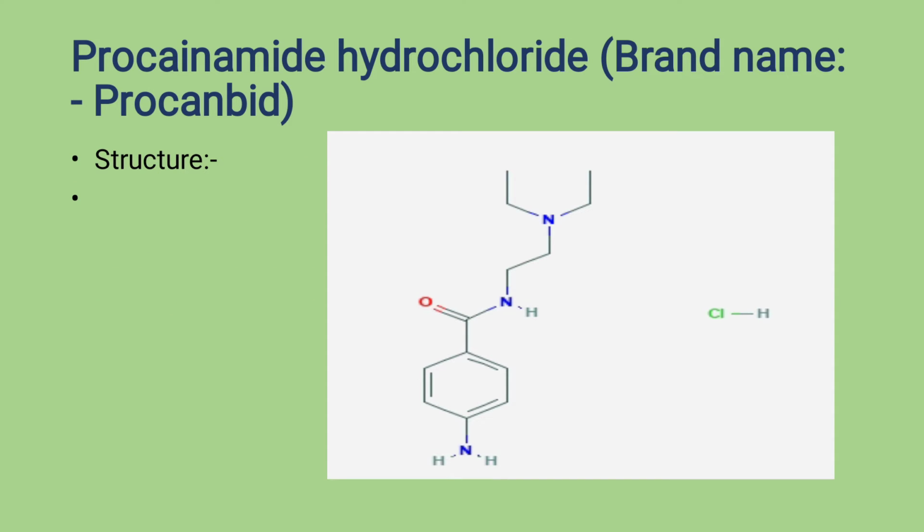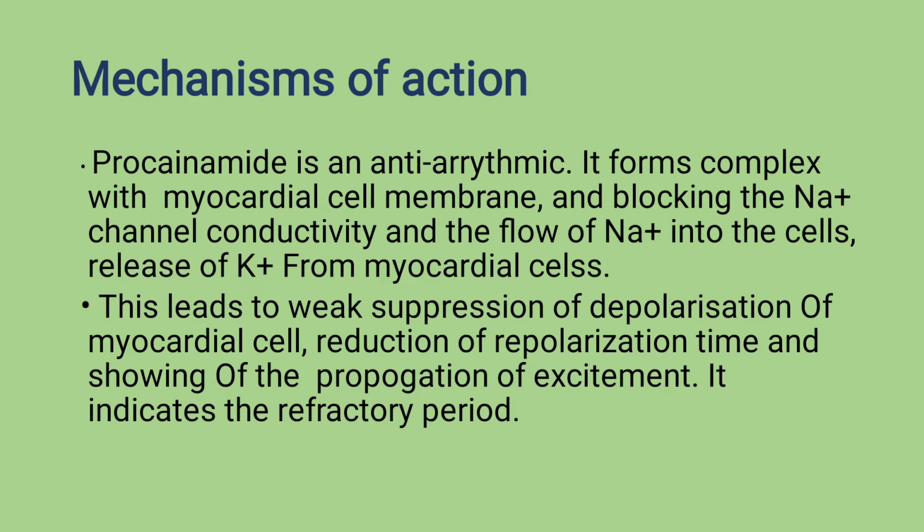The next drug is procainamide hydrochloride, and its brand name is Procanbid. Mechanism of action: procainamide is an antiarrhythmic drug. It forms a complex with the myocardial cell membrane, and it blocks the Na+ channel conductivity and the flow of Na+ into the cells, and release of K+ from myocardial cells.